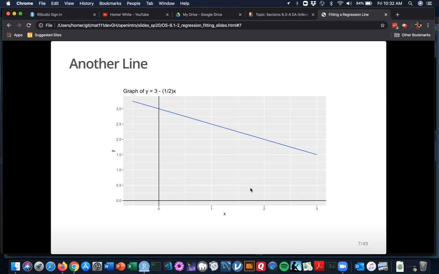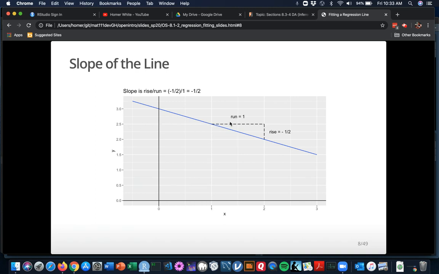Okay, let's take another line. This one has the equation y equals 3 minus a half times x. The 3 is the y-intercept. When x is 0, y is 3 up here. And the slope is a minus half. Let's take a closer look at that slope. Say you started at this point on the line where x is 1 and y is 2.5.